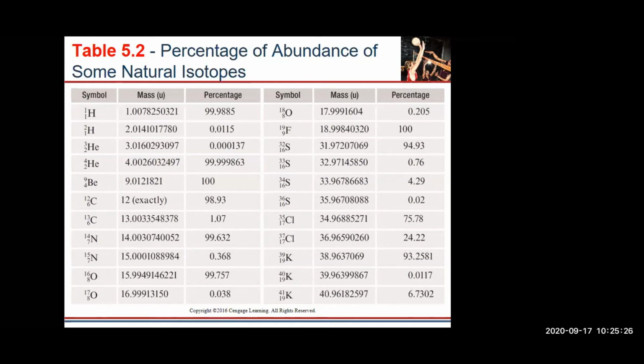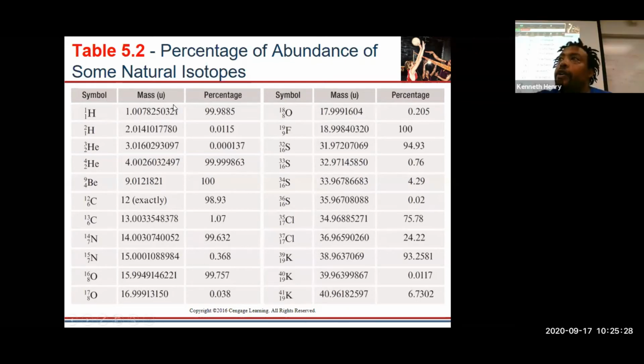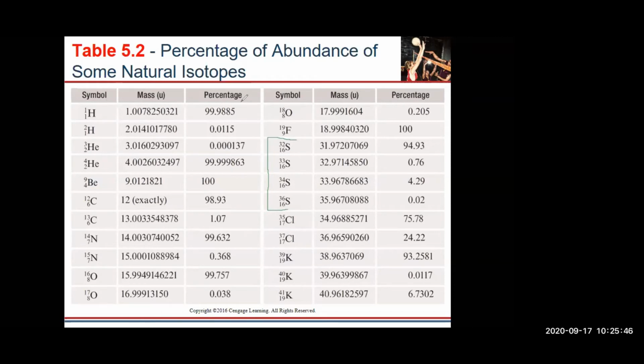We want to calculate the average atomic mass of sulfur. Sulfur is S. So these guys. How would I do it? Multiply the percent by the mass for each one. Okay. Let me make a white screen somewhere.